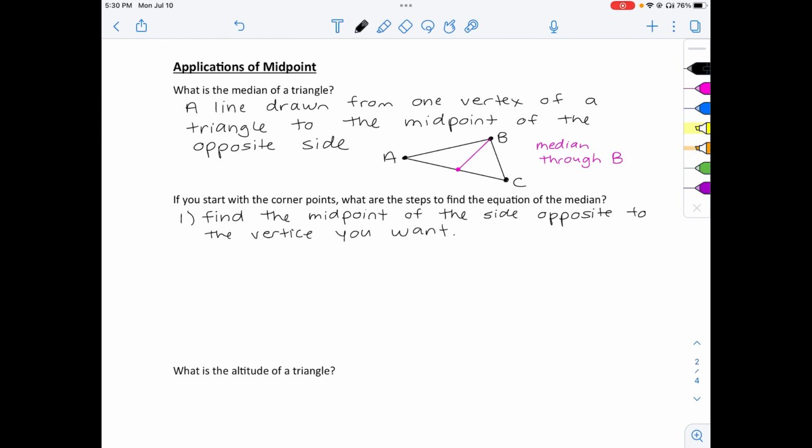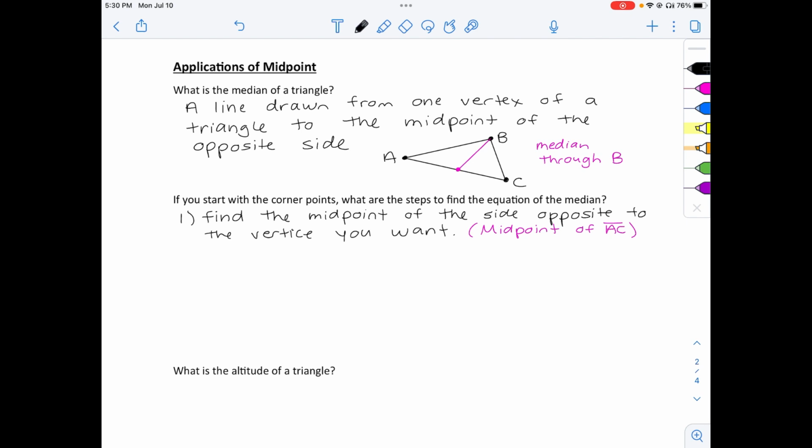Okay, so in the case of the example that I showed above, you would be finding the midpoint of AC, of that line segment. I'm showing that in pink just because that relates to my specific example.